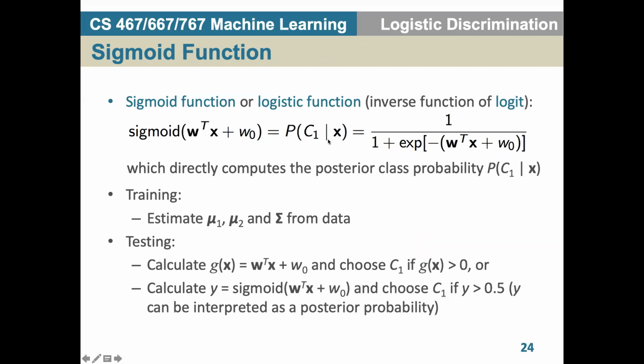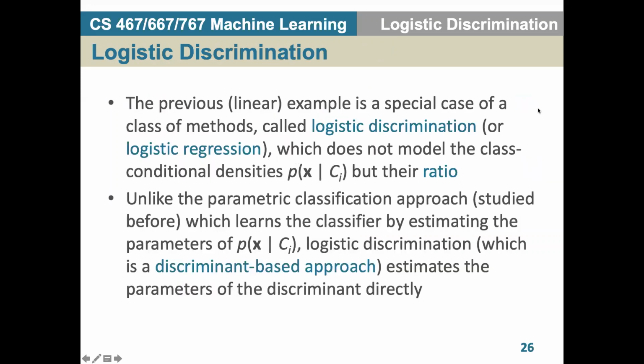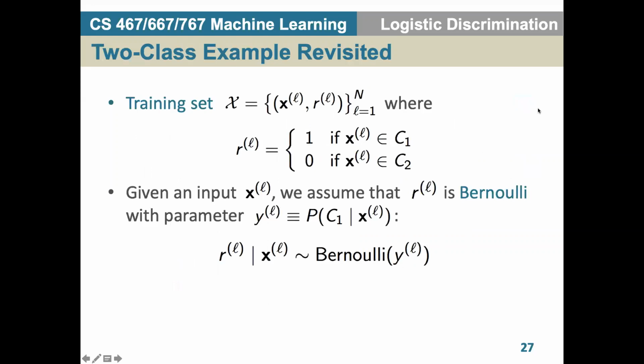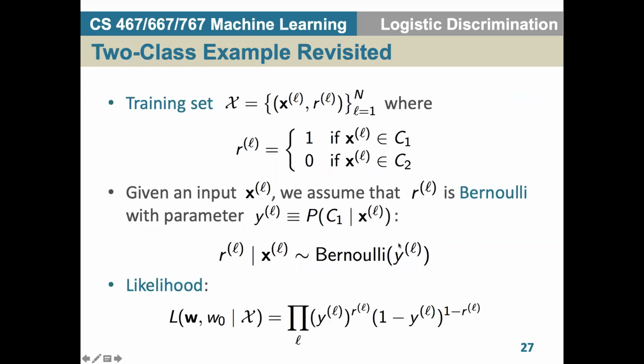So y itself is a function of w and w0, the linear score function. So we are directly learning these linear score functions. So y is a function of w. Keep that in mind. It's just for notation simplicity. We don't want to write the whole thing.